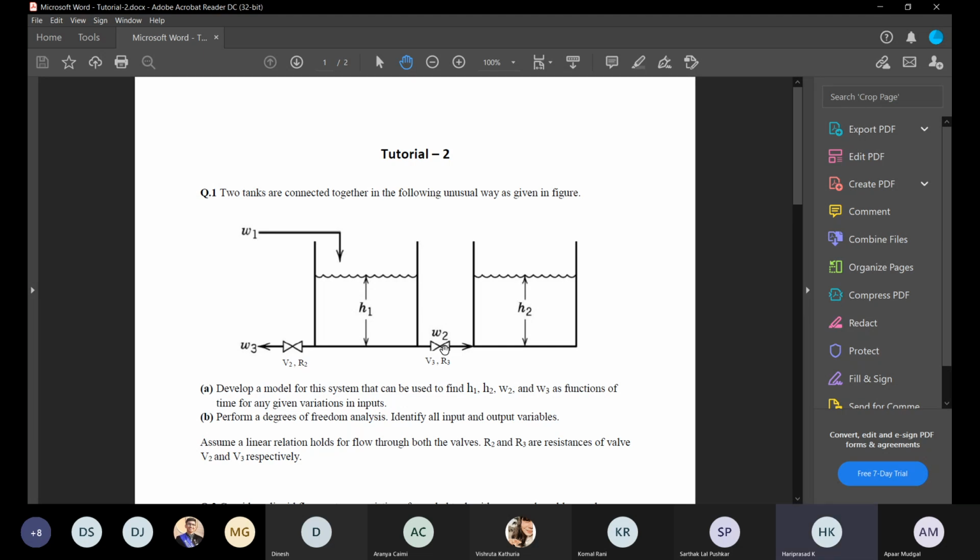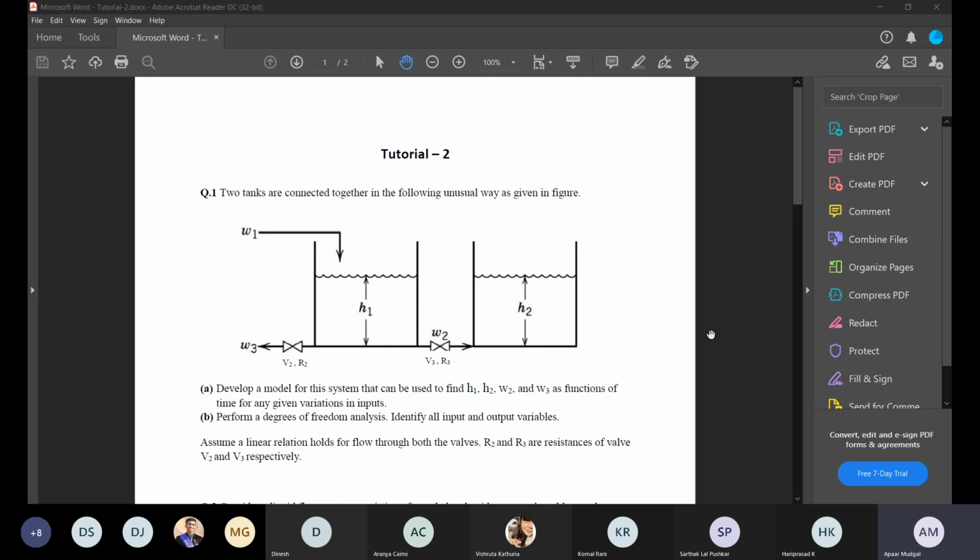So Abha, I think you can help them. Am I audible? Yes, sir. So we just have to do the mass balance to find the equations for H1 and H2 first of all. So what we can do is write the accumulation of A1, which will be equal to what? So Abha, I think you are not sharing the solutions.